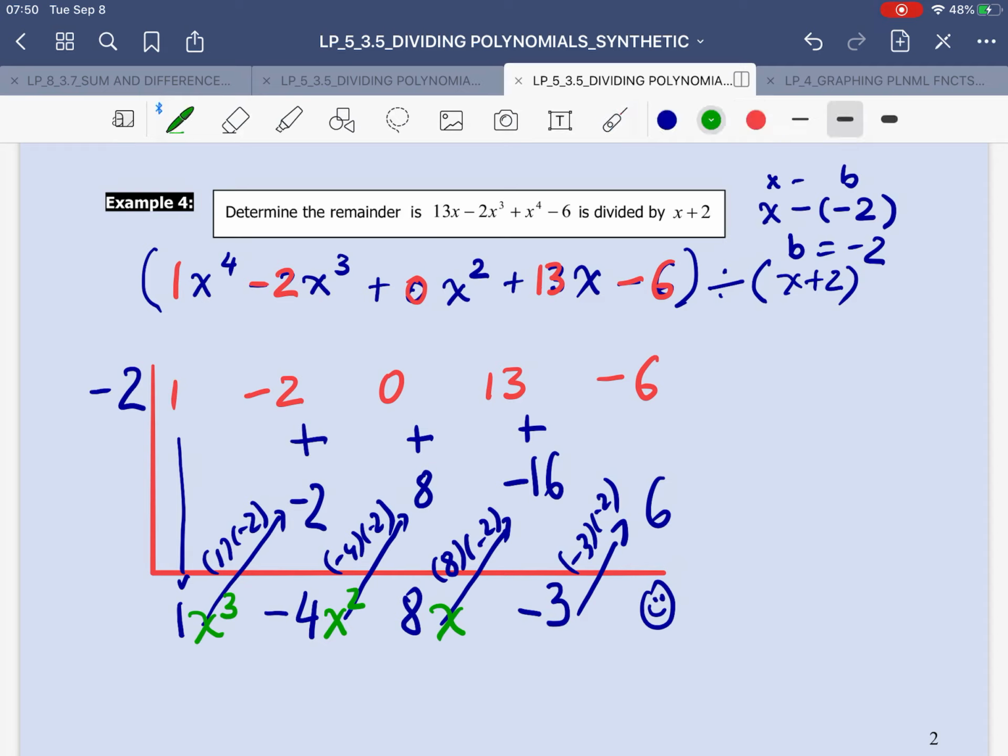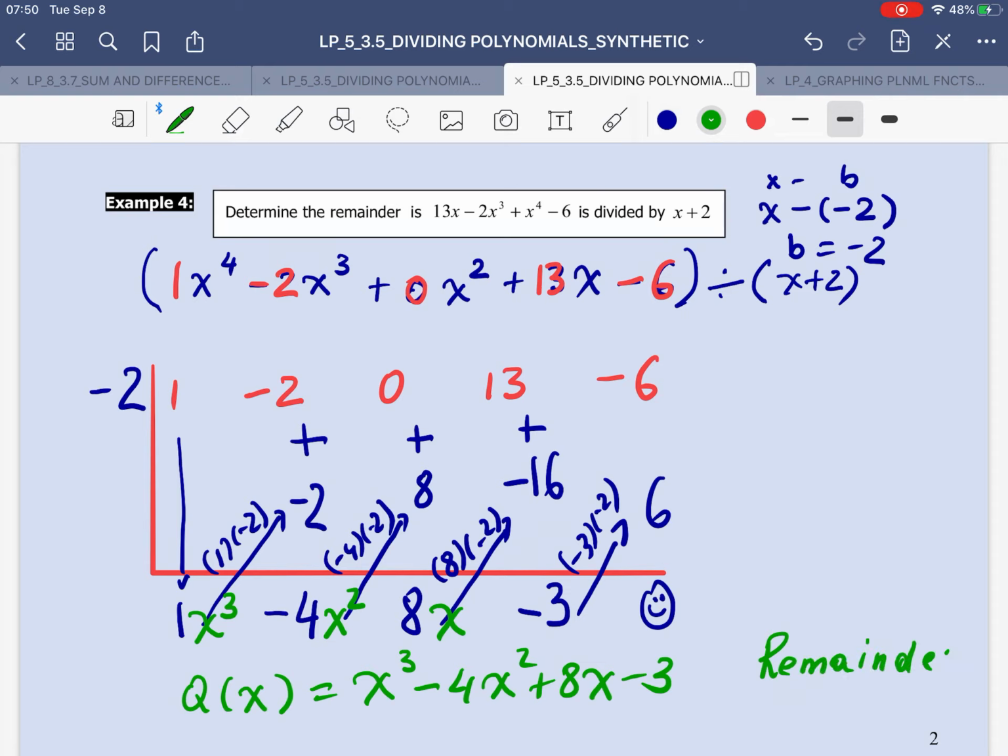So the quotient, q of x, equals x cubed minus 4x squared plus 8x minus 3, and the remainder equals 0. Now the question asked in this example is to find the remainder, and that's the only one that would count as an answer.